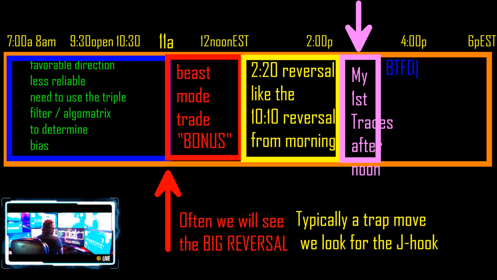We've got BTFD at 3:30. And we've got our lucky sevens. Let me do that in caps, because that is an actual thing. Lucky sevens trade.